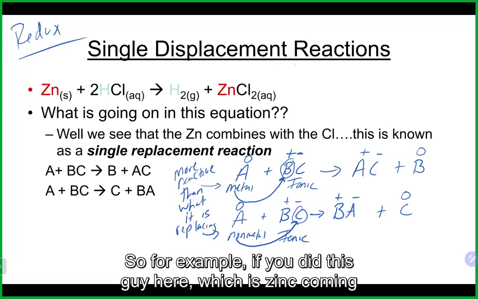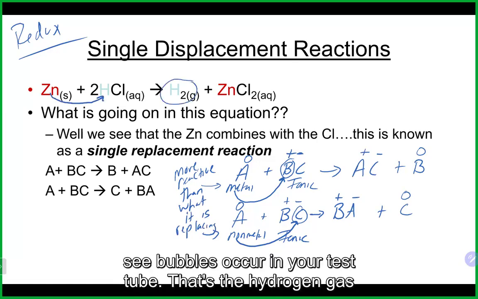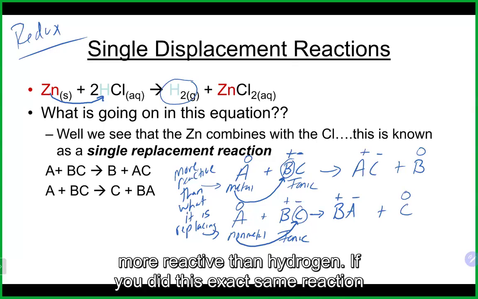So for example, if you did this one here, which is zinc coming in and kicking out hydrogen, it will make hydrogen gas. You'll see bubbles occur in your test tube. That's the hydrogen gas being made. And that means that zinc in this case is actually more reactive than hydrogen.